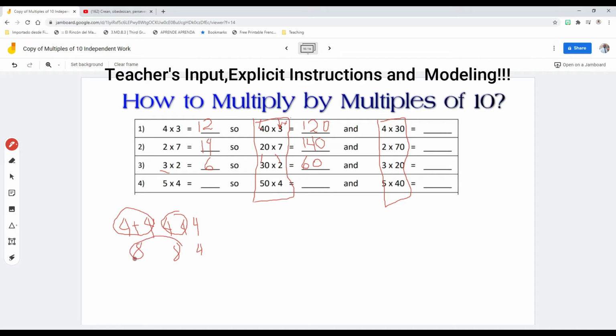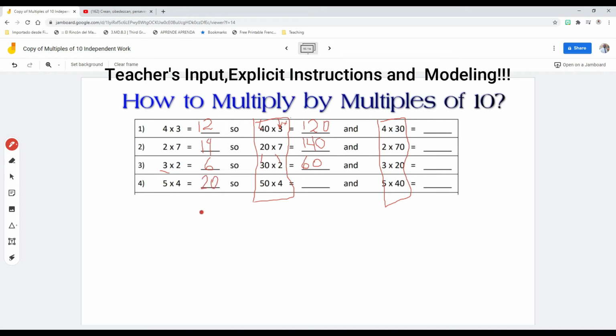Now we keep grouping. 8 plus 8, 16. Now 16 plus 4 is going to be 20. So if you know your 4 or 5 times table, that would be easy for you to recall this fact. But if you don't know them, you can use repeated addition to find out what is 5 times 4 or 4 times 5. That will be equal to 20.